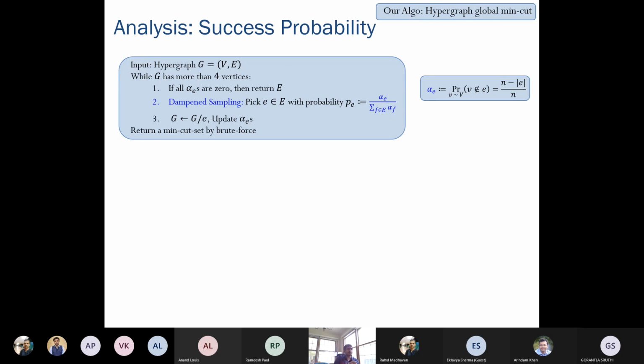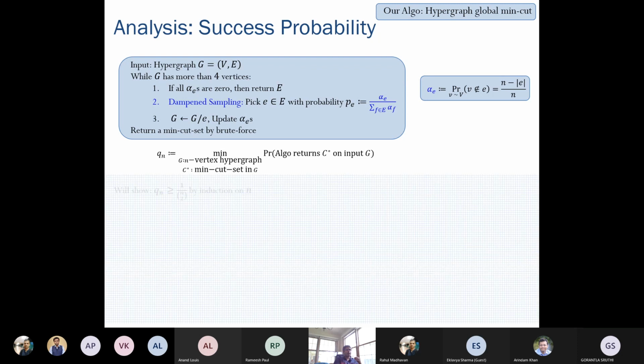Let's analyze the success probability of this algorithm. I've moved the algorithm to the top left and the dampening factor to the top right. So let's look at an n-vertex hypergraph. Let's define Qn to be the minimum probability of the algorithm returning a particular min-cut set C star on the input hypergraph G. Let's take the minimum of all these.